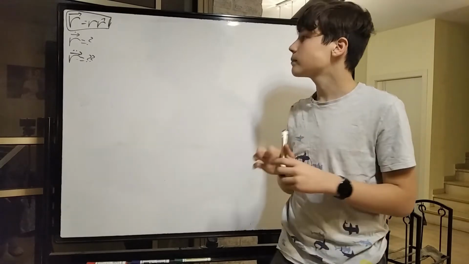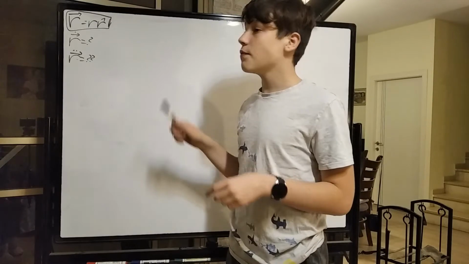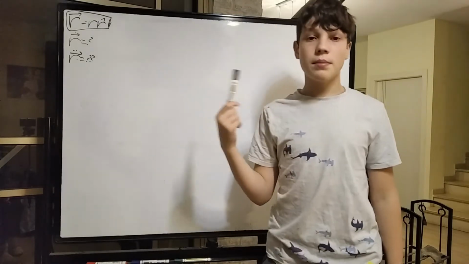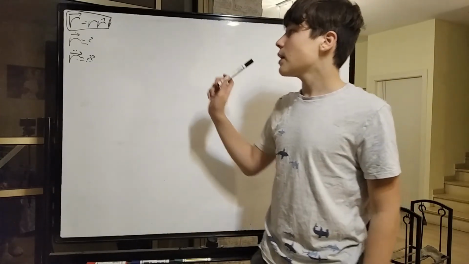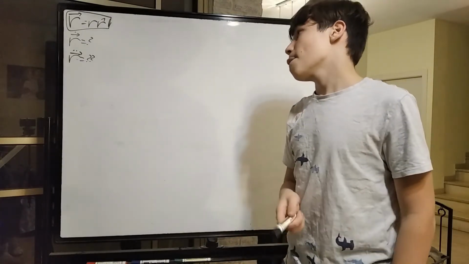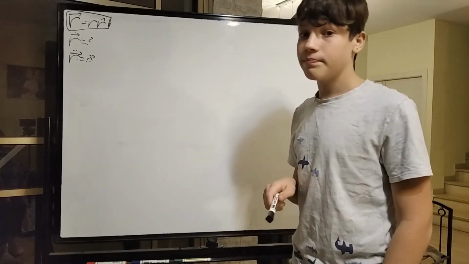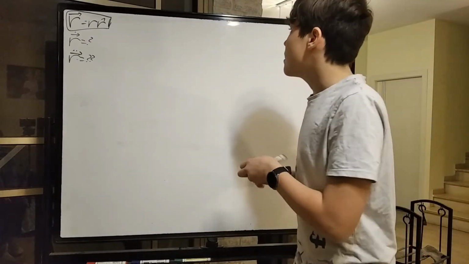Okay, so we found the position. Now, for polar coordinates to be actually useful, we want to find our velocity, r dot, and the acceleration, r double dot.